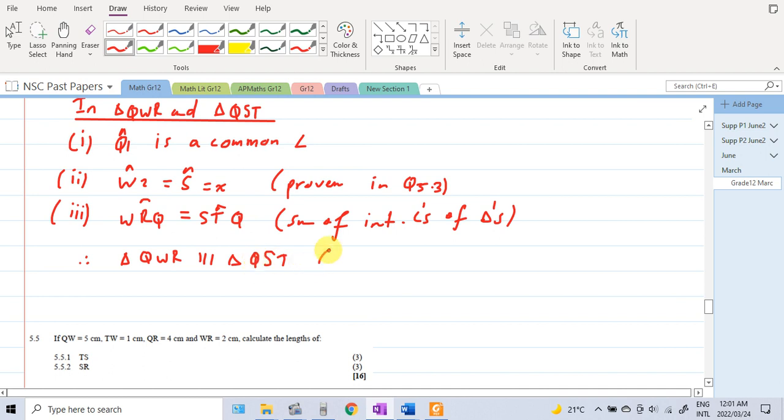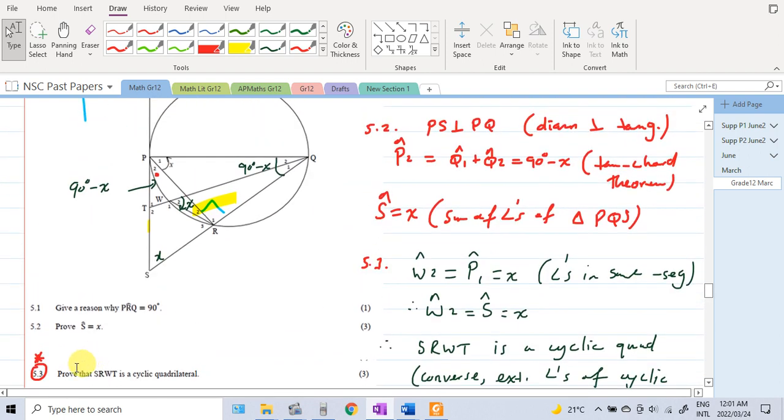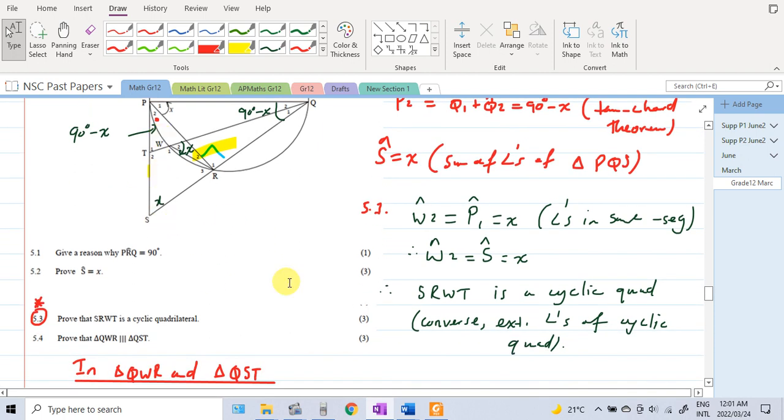Nice question. It's just that in 5.3 we couldn't see this chord here. But remember, I did tell you that we need to prove that this angle is equal to X, exterior angles of cyclic quad, converse, or prove that the opposite angles are supplementary. Alright, so that was the only problem. Anyways, let's look at the next question.